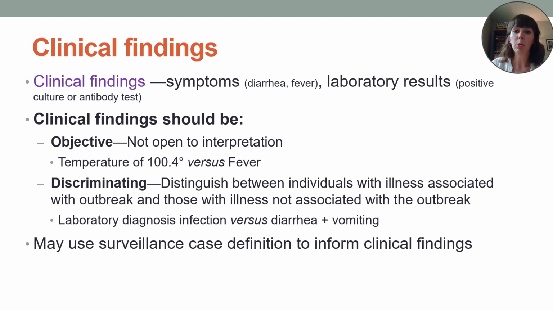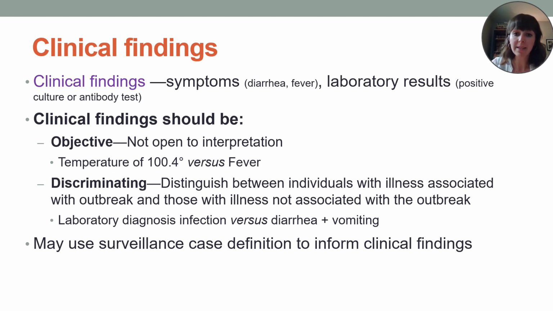There are 2 main goals of the clinical findings piece of the case definition. First, you want the criteria to be as objective as possible. So for example, fever. If you have information on everyone's temperature, you may want to use that in your definition of fever. So here maybe we could say a fever of 100.4 degrees Fahrenheit or more.